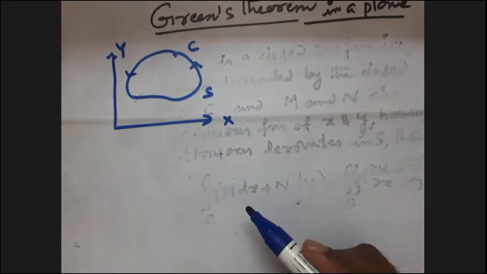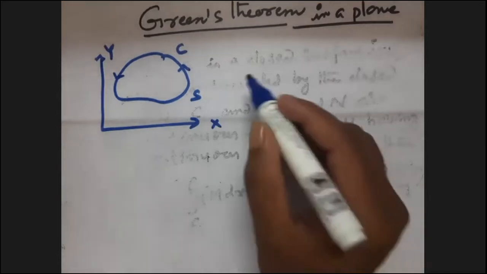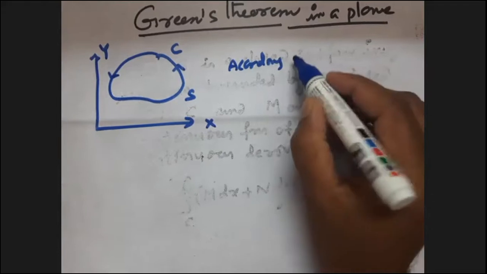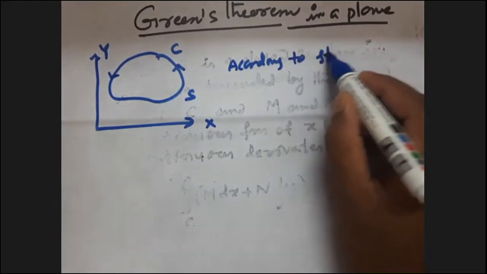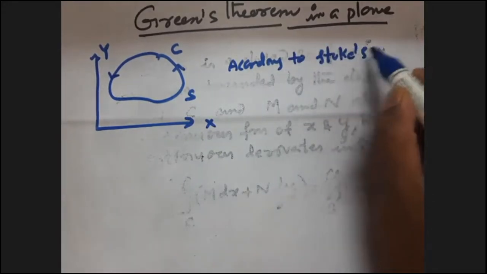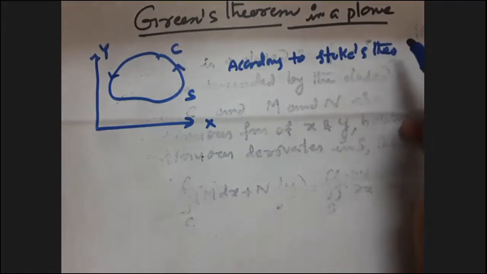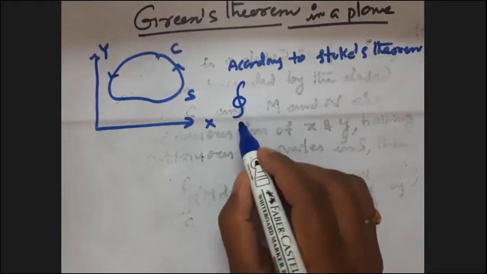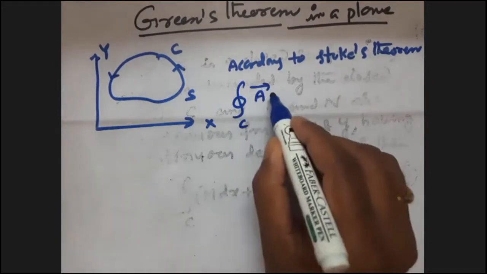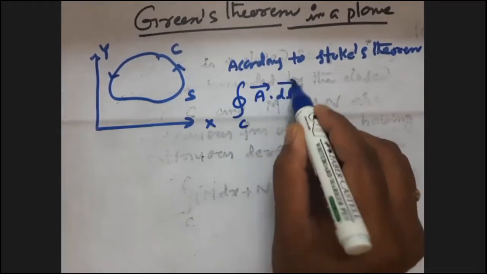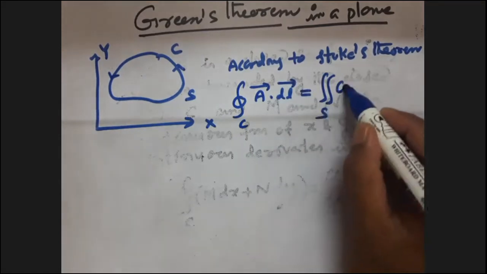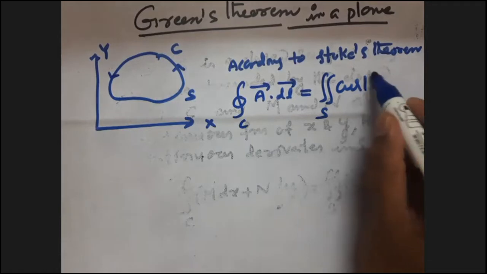Now, according to the Stokes theorem, we know the statement. According to the Stokes theorem, closed integral over C A bar dot dl bar is equal to surface integral of curl A bar dot ds bar.